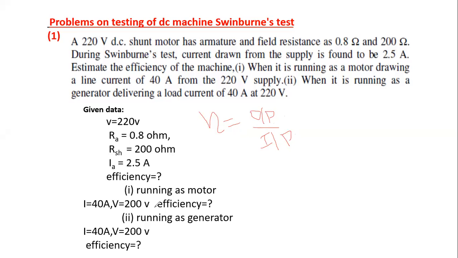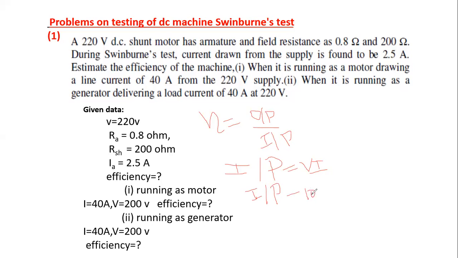If we are calculating the efficiency for a motor, we know the input. What is the input for a motor? The input for the motor is V into I, that is the electrical energy. Next, what is the output? Output is input minus losses.